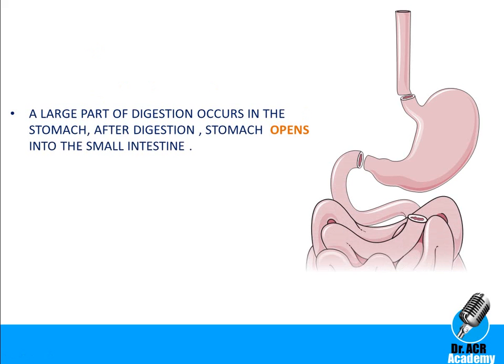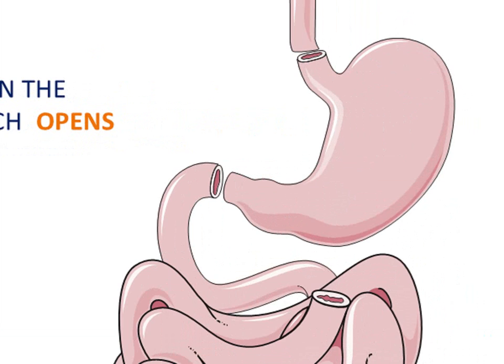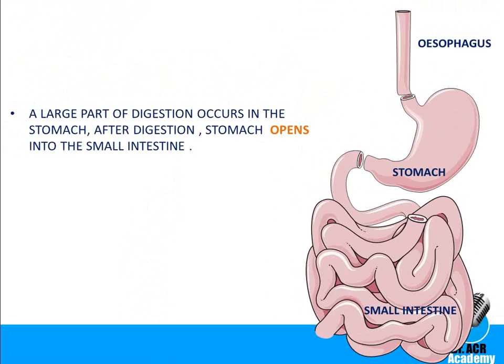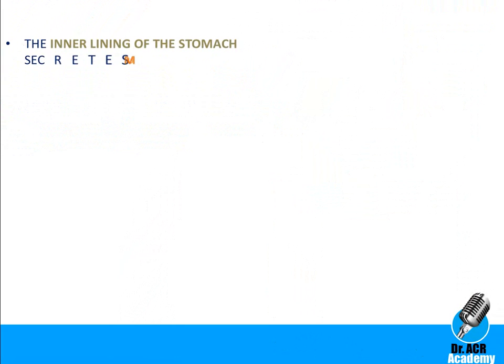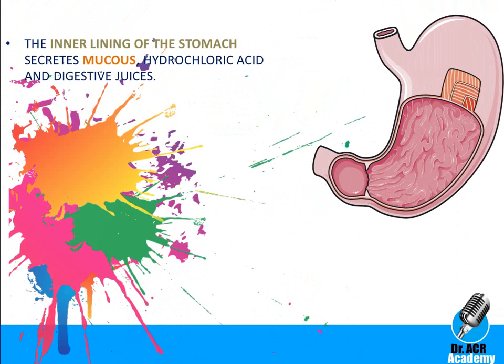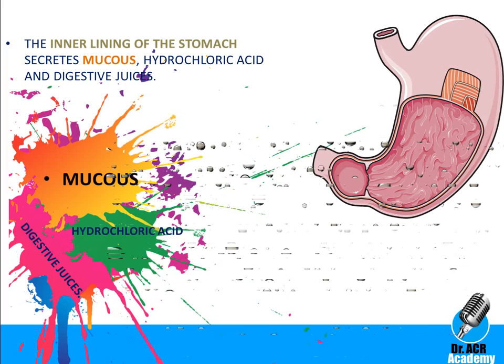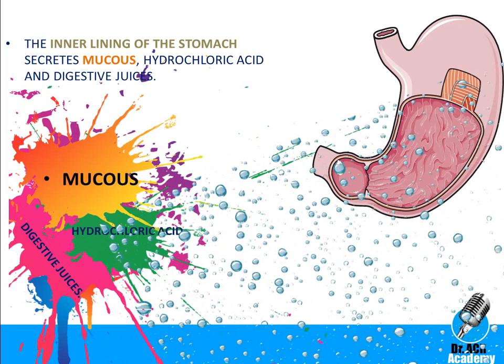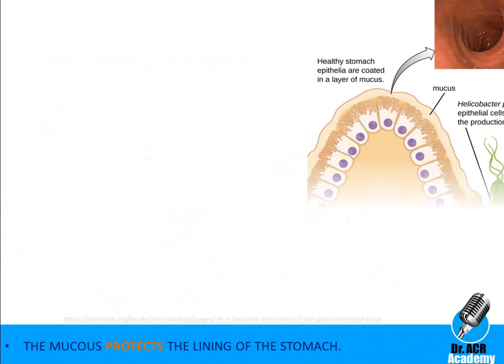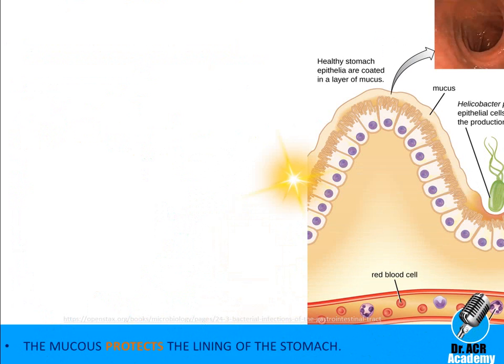After digestion, the stomach opens into the small intestine. The inner lining of the stomach secretes mucus, hydrochloric acid, and digestive juices. The mucus protects the lining of the stomach.